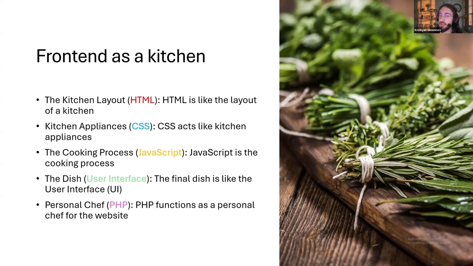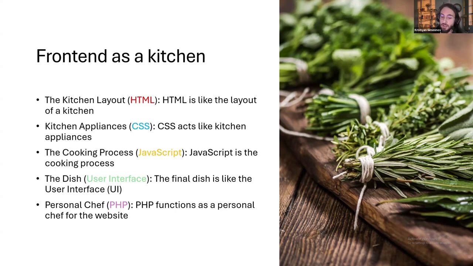Then you have the kitchen appliances, or the CSS. The appliances and tools in your kitchen can be compared to CSS, just as you have a variety of appliances, like a blender, toaster, or a microwave, to make your kitchen functional and aesthetically pleasing, actually. CSS is used to style the web page.